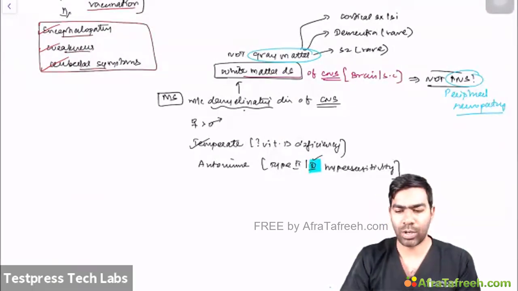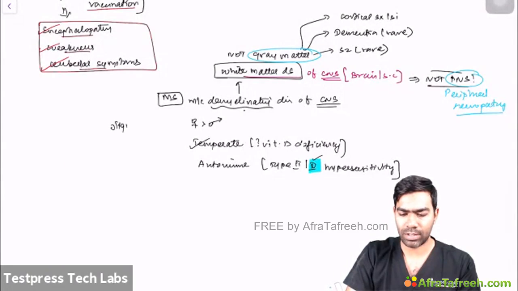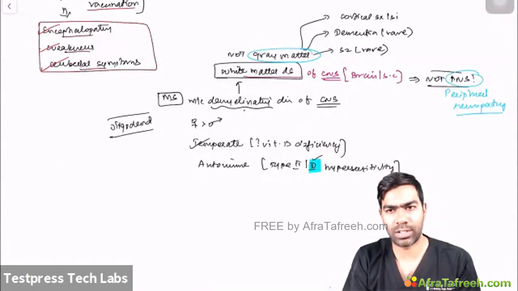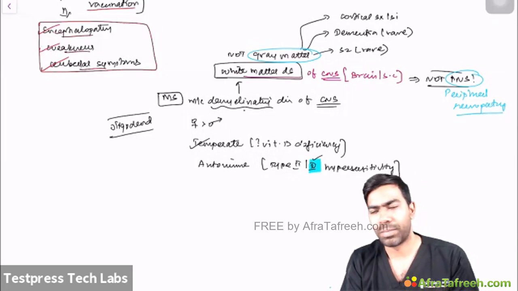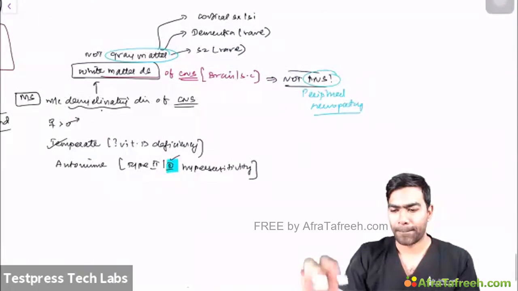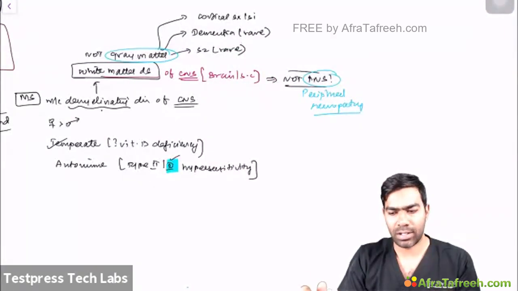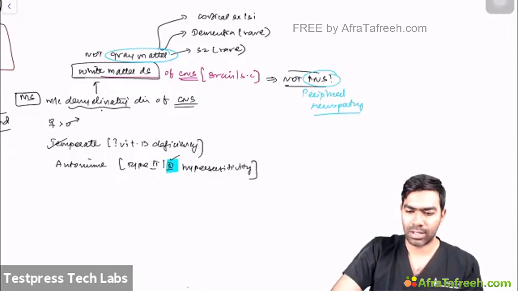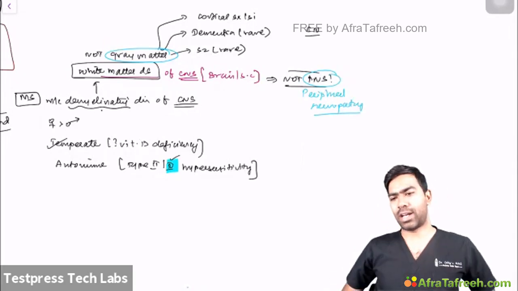Because the problem is predominantly in the oligodendrocytes, and they're not going to affect the Schwann cells, which myelinate the peripheral nervous system. So one more interesting point here. If it's not going to affect the PNS, if it's not going to cause peripheral neuropathy, and if it's going to affect the CNS, will cranial nerve involvement be there in MS or not? I'm talking about LMN cranial nerve involvement.